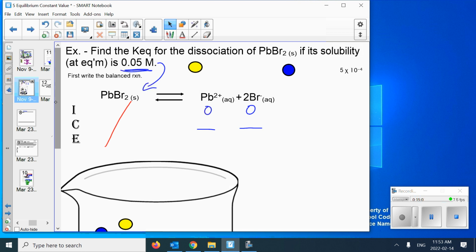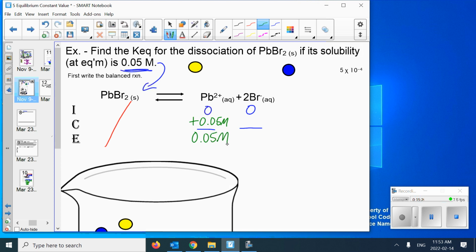So, knowing that 0.5 of these break up, and that there's a 1-to-1 ratio between PbBr2 and Pb2+, I know that 0.5 of these will form. So 0 plus 0.5 is 0.5. The math is easy. Then here, that's a 1 to 2 ratio.